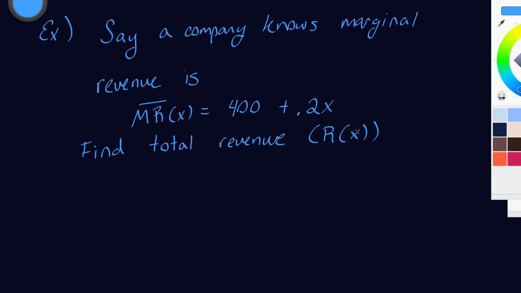So to find R of x, what we need to do is that we need to, well, this is the derivative of R of x, so we need to undo the derivative, aka antiderivative. So we need to take the antiderivative of our marginal revenue function.